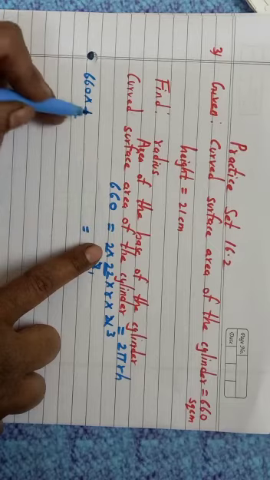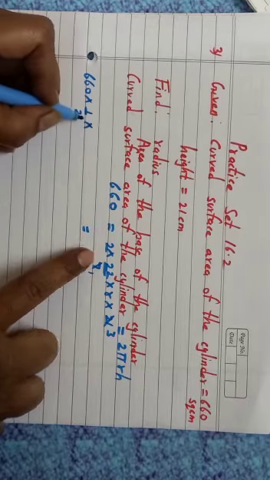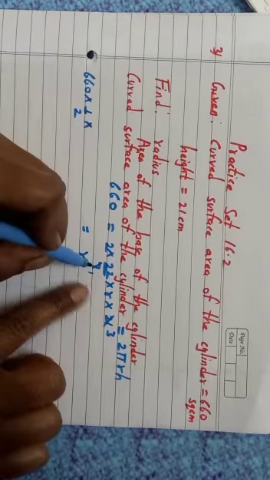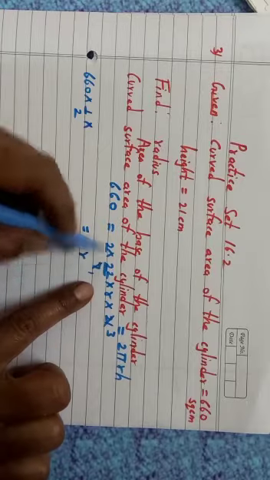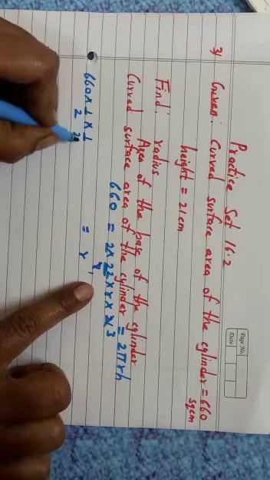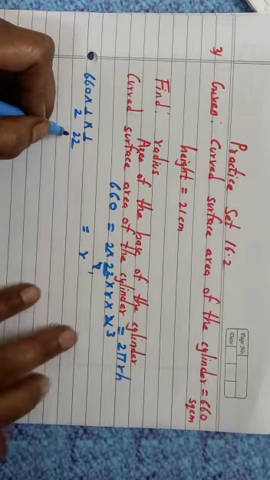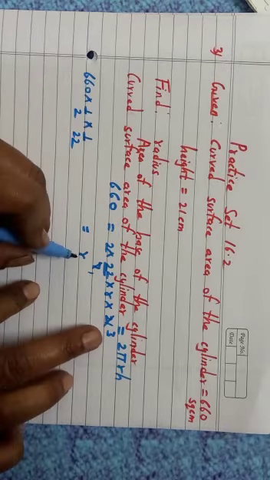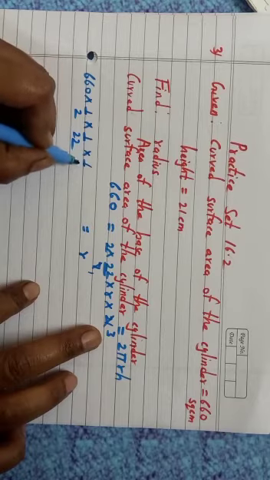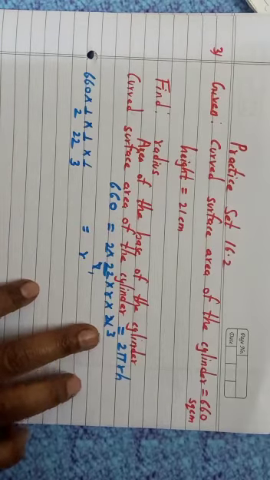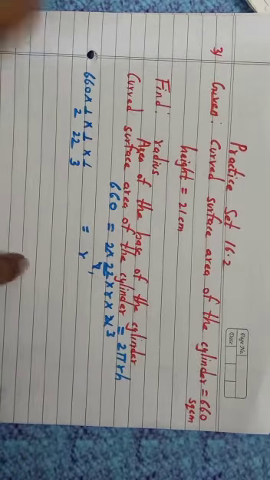So 660 into 1 upon 2, into, now the 7 we have cancelled, so here it is 22, we take the reciprocal, 1 upon 22. Then r is already here, then 3 becomes 1 upon 3. Upside down, that is the reciprocal.